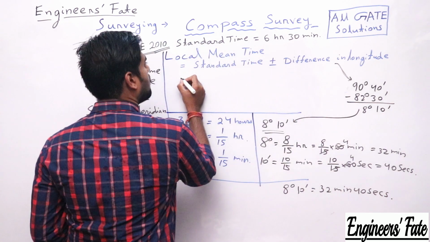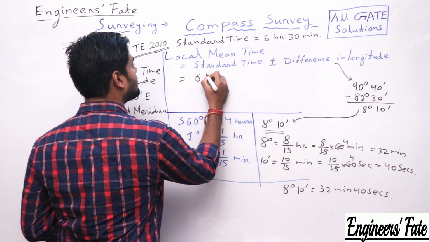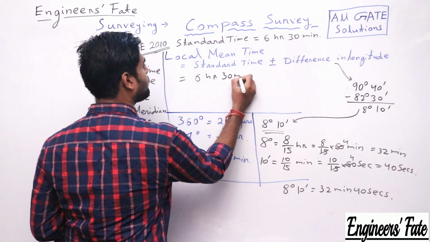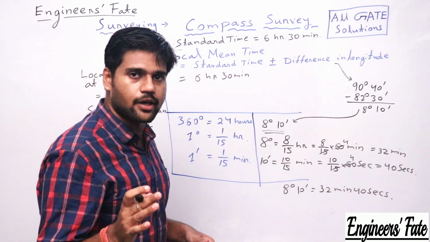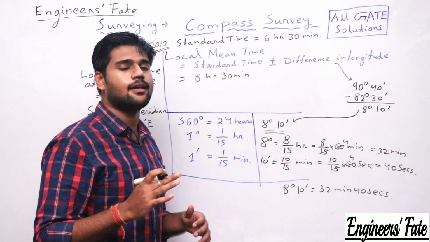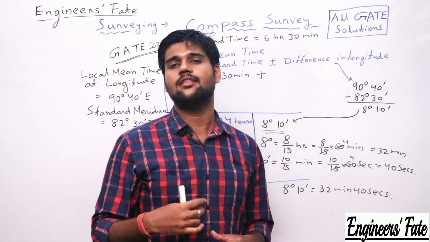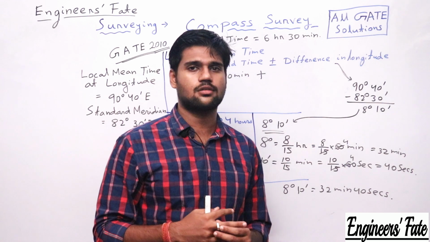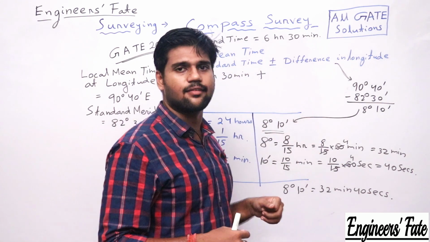Now what is the local mean time? Standard time is given as 6 hour 30 minute, plus or minus. Both the longitude and meridian are given in the east, so I have to take the positive direction. If in the question they had given west, then I would have to consider the negative sign.